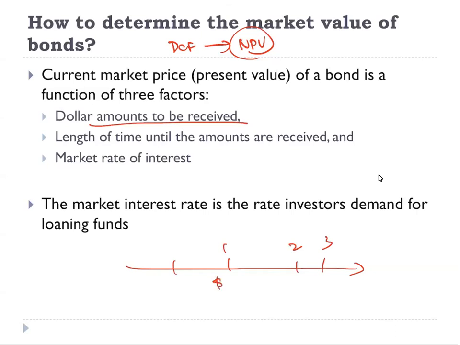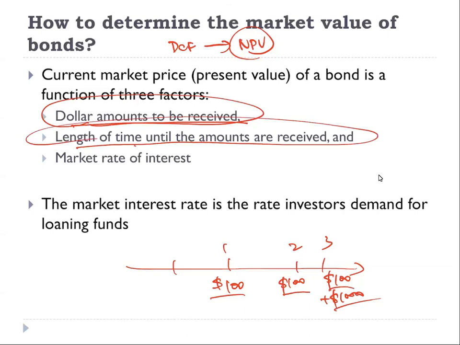In the first year, the bond is going to pay out $100 interest. The second year, $100. The third year, $100 plus $1,000, the principal, the face value of the bond. So it depends on the dollar amounts to be received: 100, 100, and 1,100.